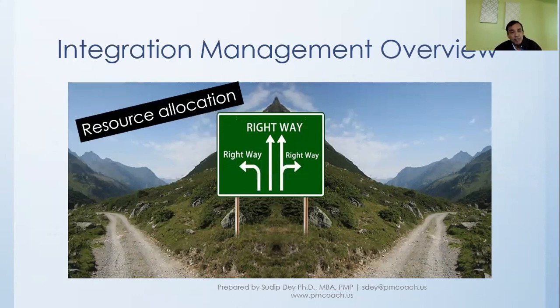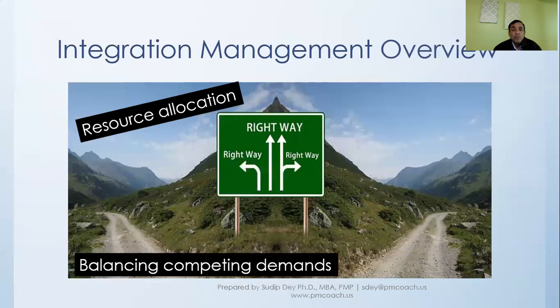Resource allocation. We have to see where we should put the resources and what kind of resource we should put where. So we have to make choices in terms of resource allocation. We have to balance competing demands. Maybe we have a limited resource in one area, and that particular resource is required in another area as well, so we have to see where to put it.